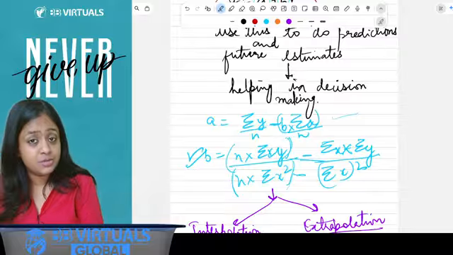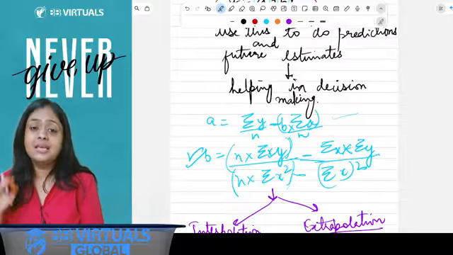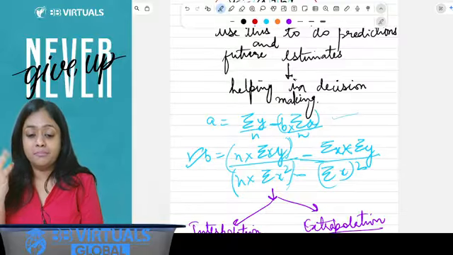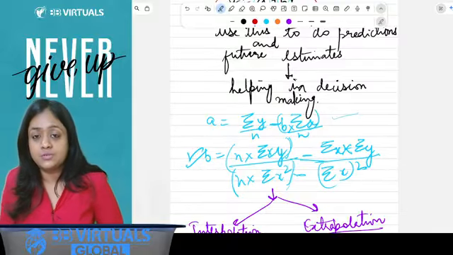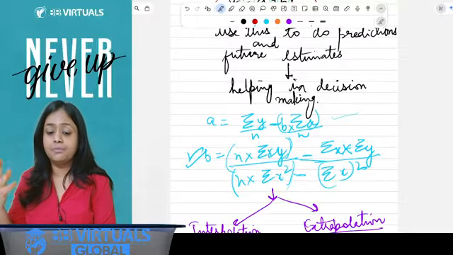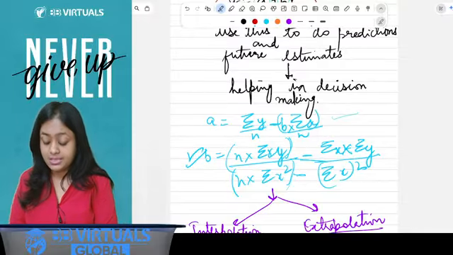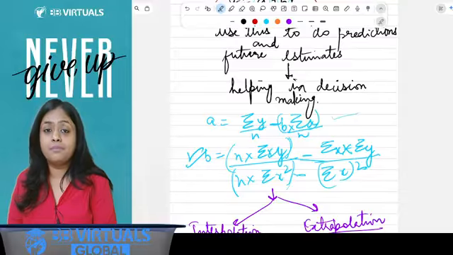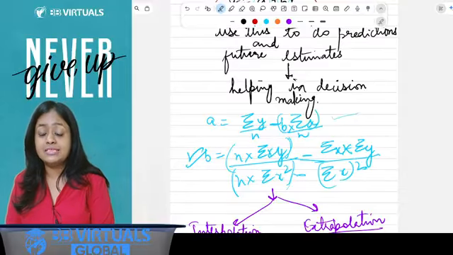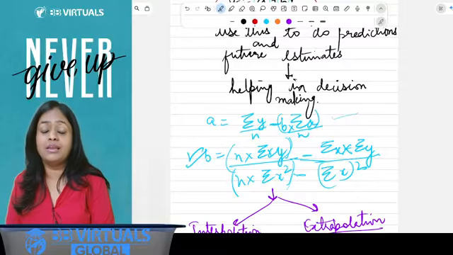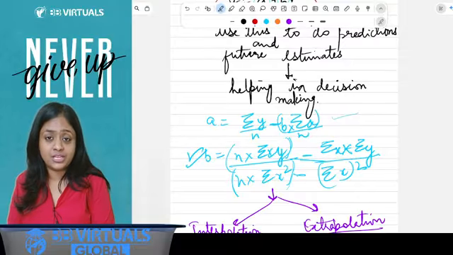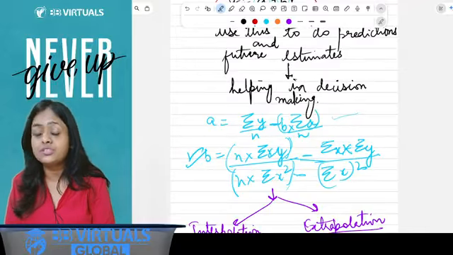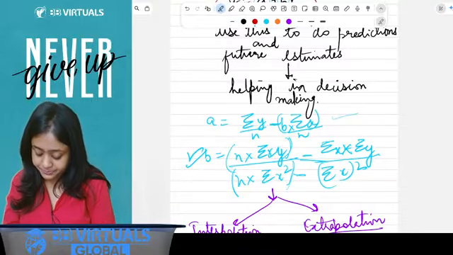So comes a question, ma'am, what is b? b is n multiplied by sum of xy, less sum of x multiplied by sum of y, divided by n multiplied by sum of x square less sum of x whole square, where n is the number of line items. So yes, you need to do these calculations. So keep your calculators for the same.